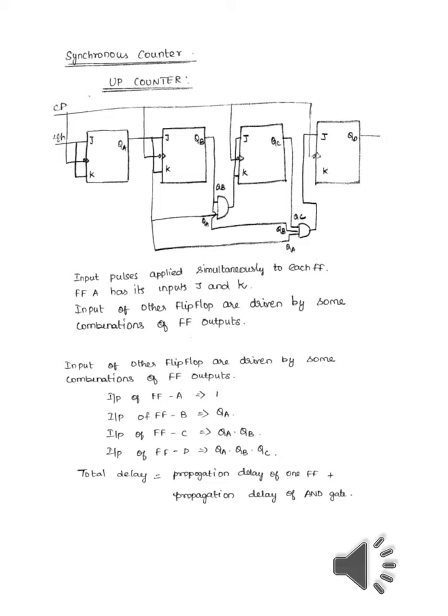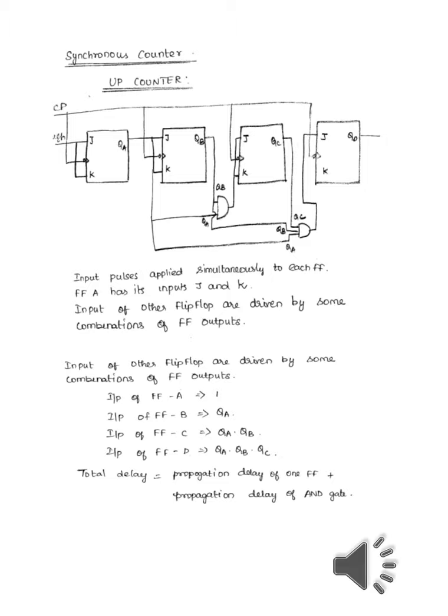When I connect J and K together, the input will be a single input, that is T. So don't confuse JK and T. The circuit diagram will be the same way, but T means we get only a single input. J and K means 2 inputs, but the connection is similar to T. How will we connect? Just see the diagram of this up counter.